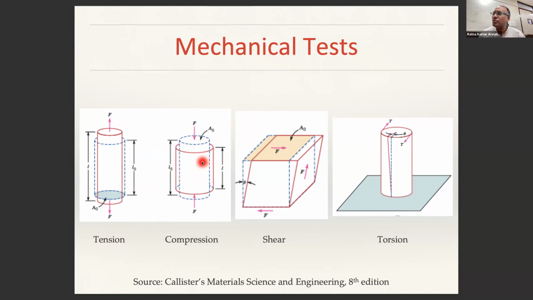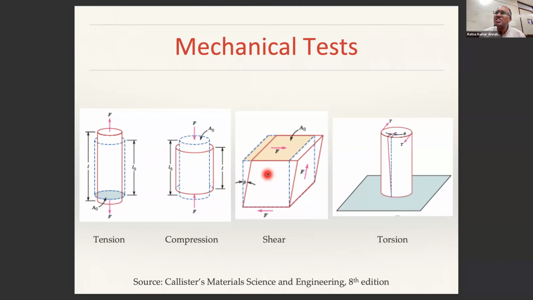So when you are trying to design a column, for example, columns are usually designed for resisting compression. If the material's strength in tension and compression are different, then it does not make sense to do a tensile test, but you have to do a compression test. That is why the compression test is also done.